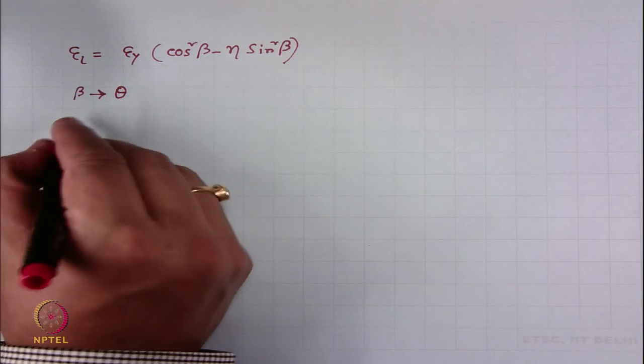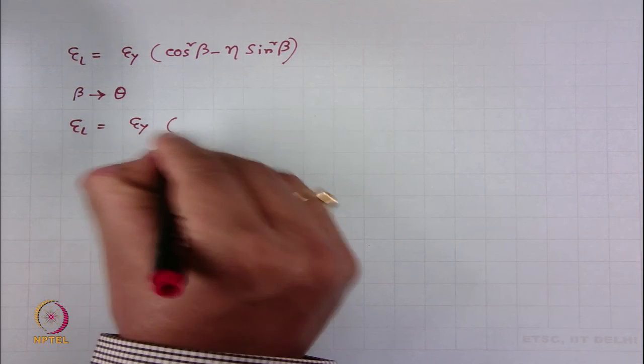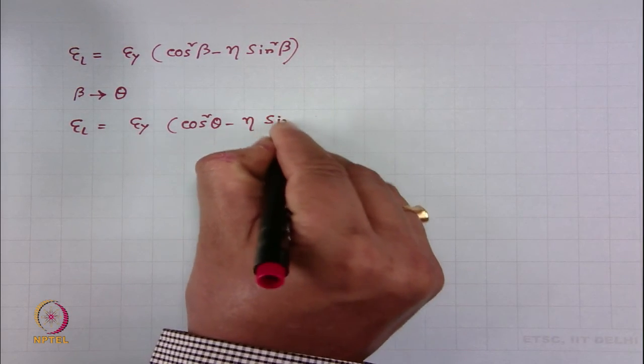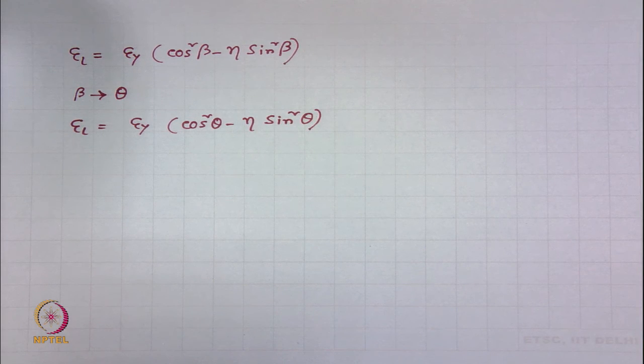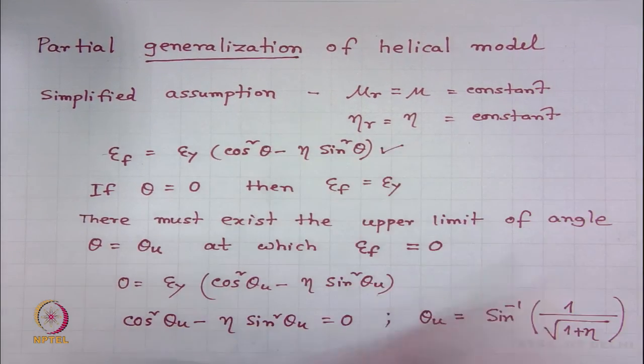So what expression will be valid here? Sin square theta. So that is why we wrote this expression, cos square theta minus eta sin square theta.